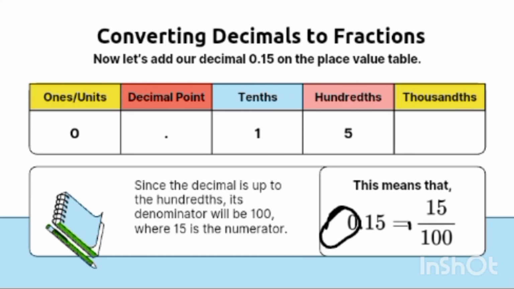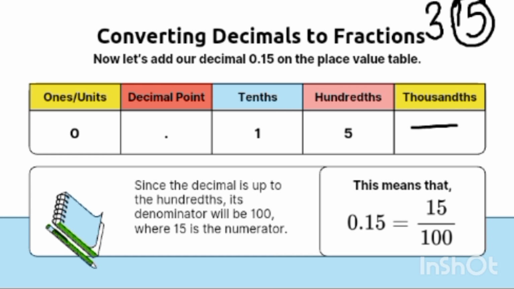Let's take an example. Suppose you have 3.15 and you want to convert this into a fraction. First, we notice there are two numbers after the point, so the denominator will be 100, because 100 has two zeros.